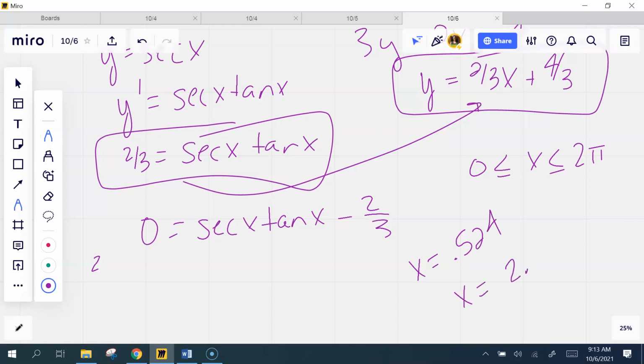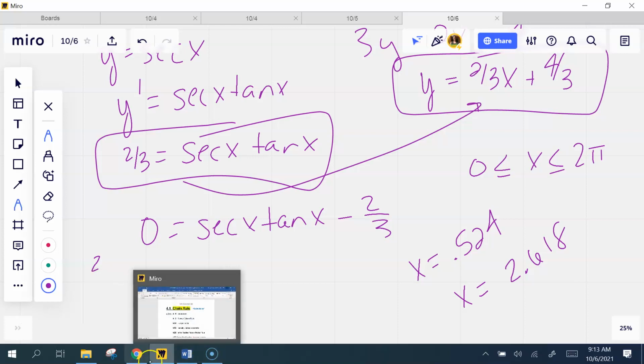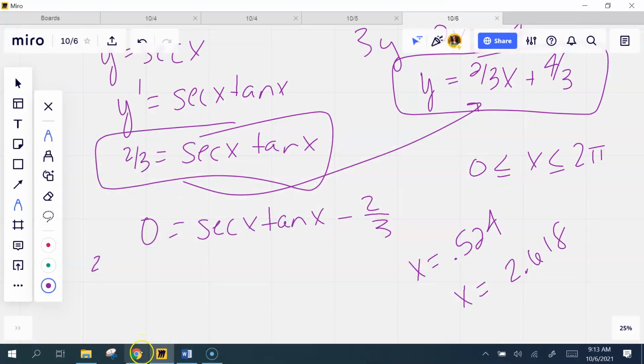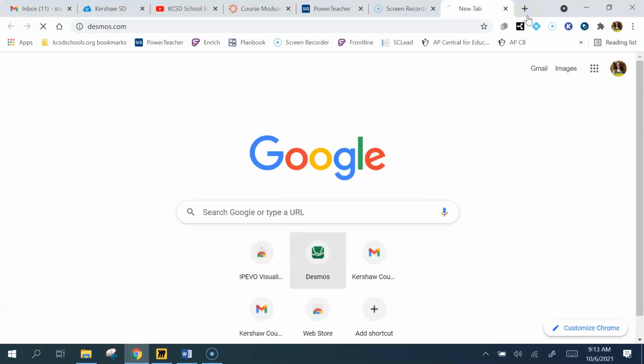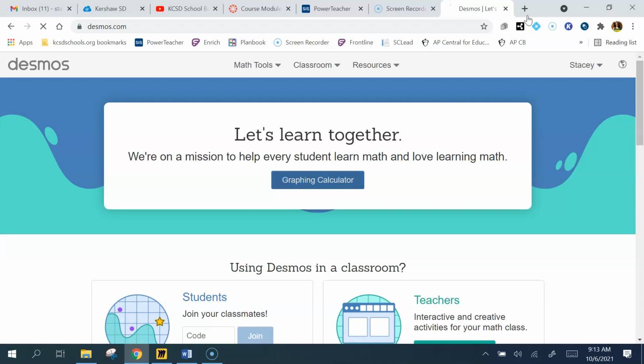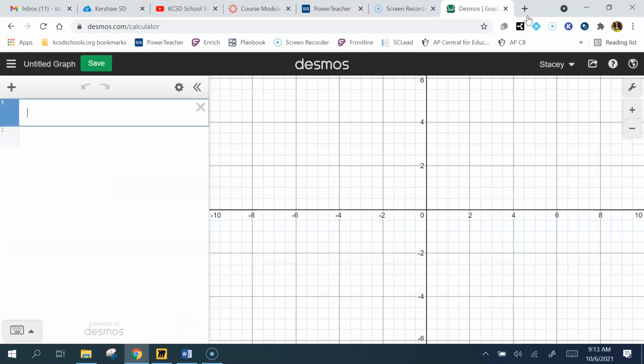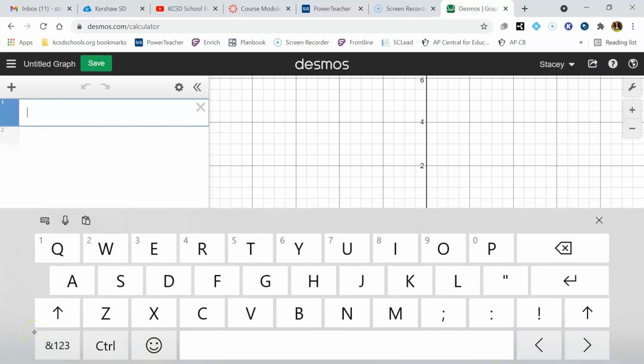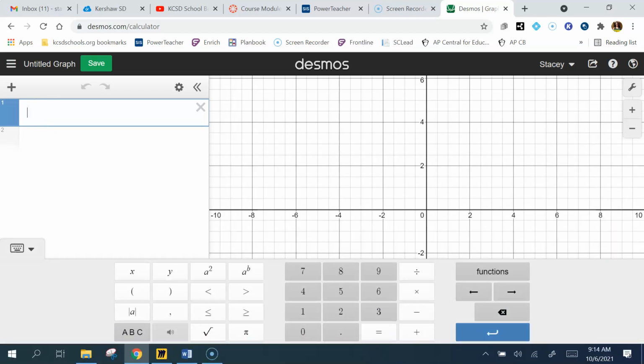I should really be taking these out to 4 decimal places because that's what's expected on the exam. 4, I'm pretty sure it's 4. I'll check and make sure.